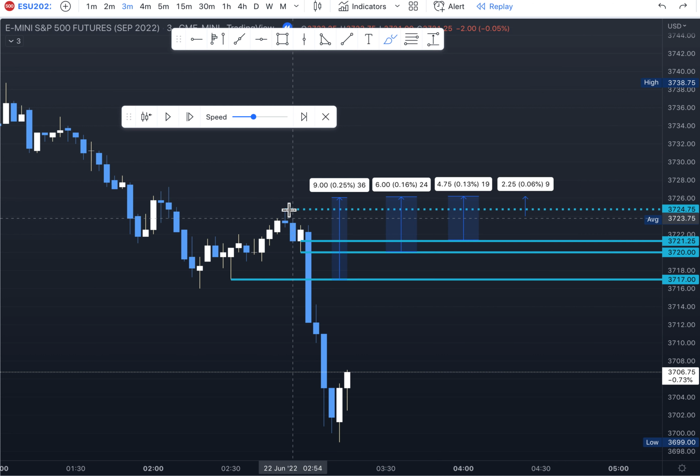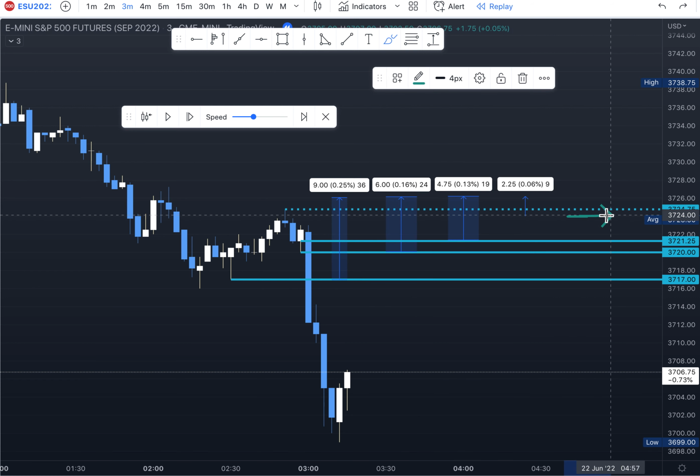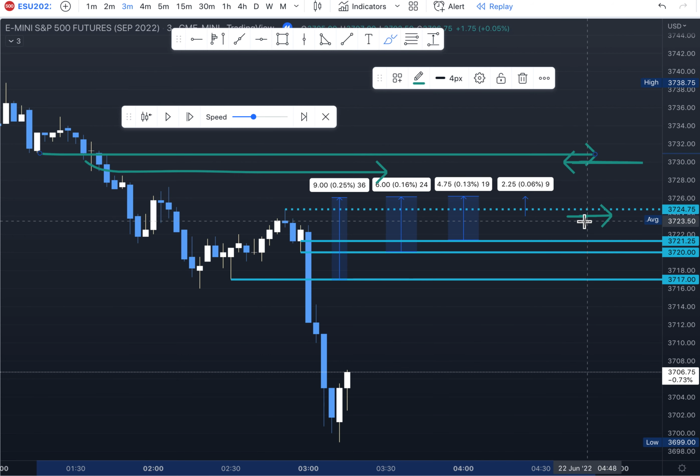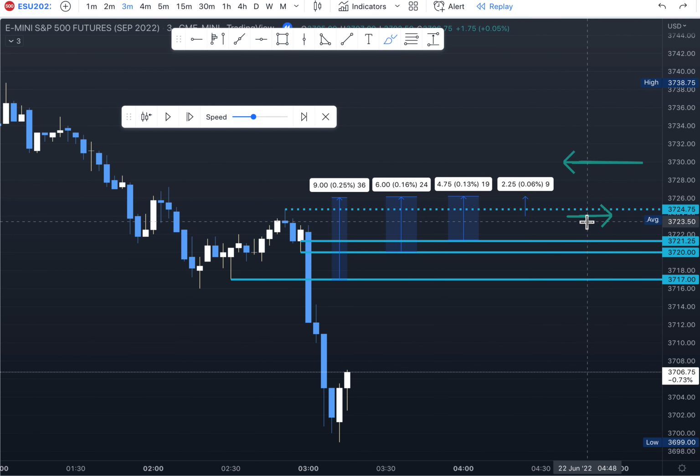Your risk profile once again. Did I get in right here at the break level? If I did, I might give myself a little bit more room for my stop loss. Do I have any levels back here that offer me protection as well?